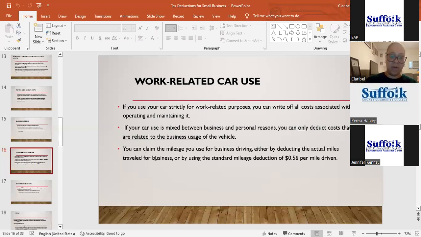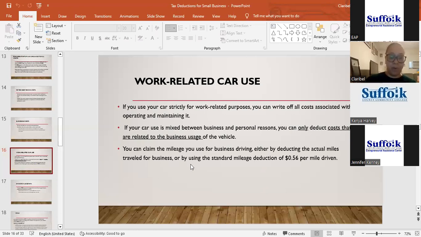You can claim your mileage for business driving either by deducting the actual costs of the mileage traveled for business or by using the standard mileage deduction, which is 56 cents per mile driven. You can either keep all your receipts or just see how much you drove and deduct the standard.